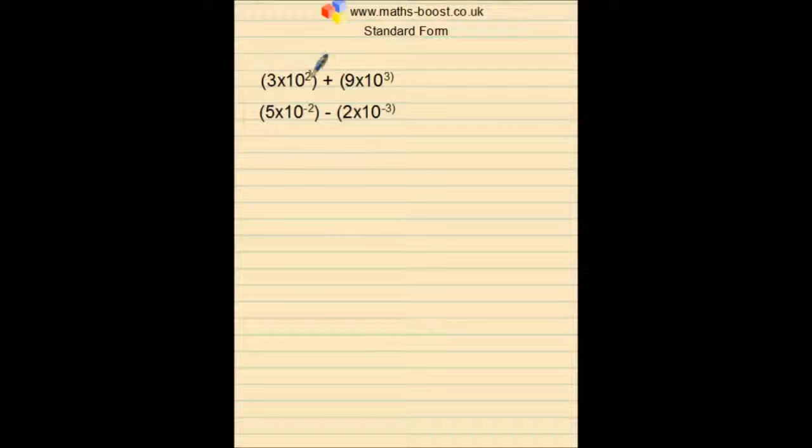We've got 3 lots of 10 to the 2, and 9 lots, or if you want to think of that, of 10 to the 3. So we want to make them both the same. Doesn't really matter as such whether you decide to make them both as the 3 or both as the 2, but since 3 is the larger value, I'll stick with the 3.